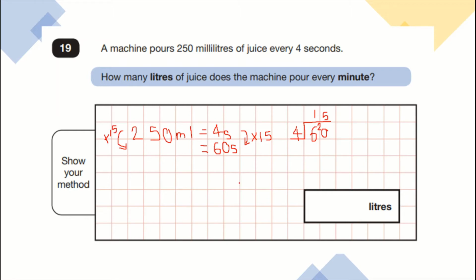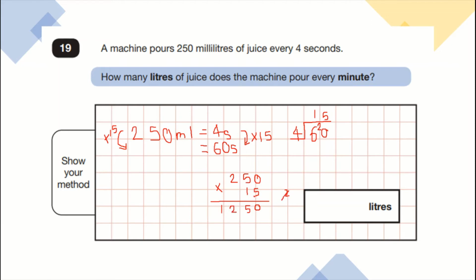Now if we do a column method for this, 250 times 15, 5 times 0 is 0, 5 times 5 is 25, remembering a 2, 5 times 2 is 10, plus the 2 is 12.